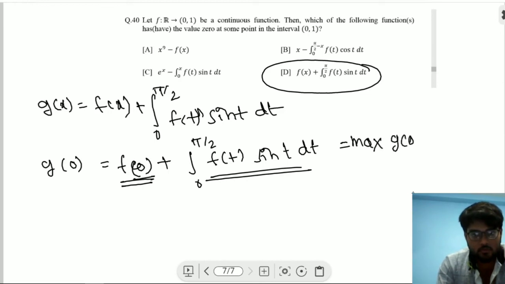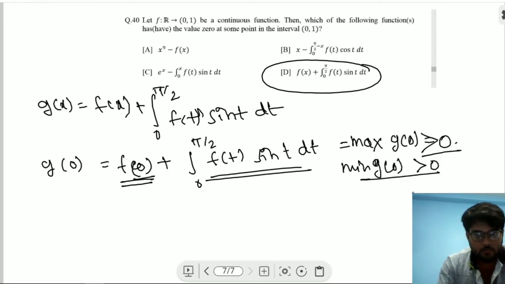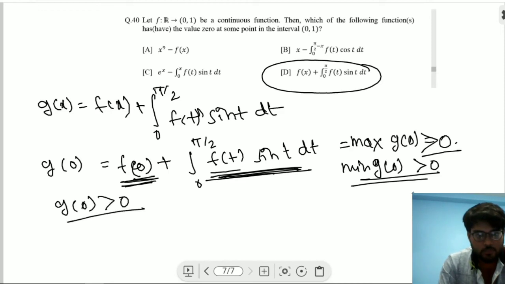The minimum value is 0, so f(0) is positive and this is positive, so g(0) is always positive, correct?